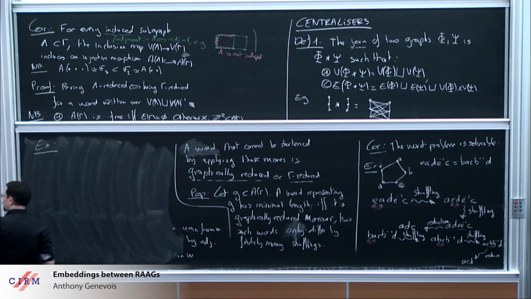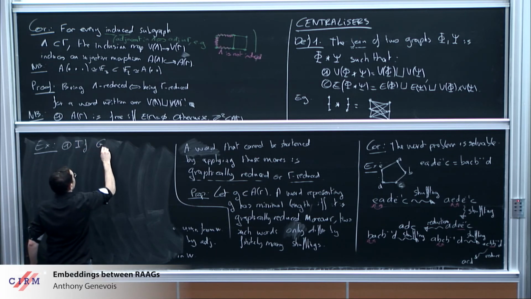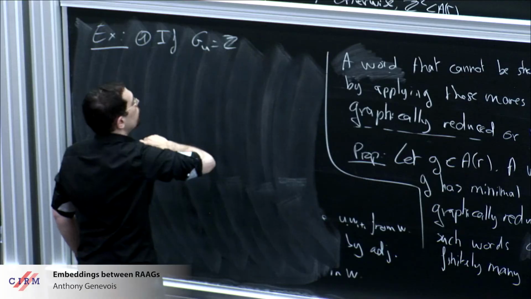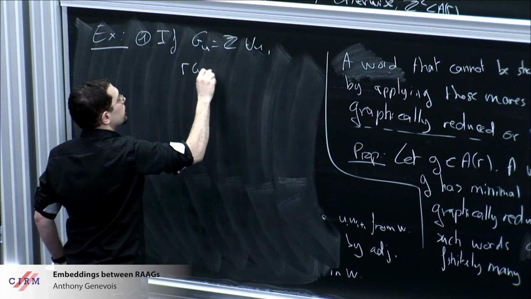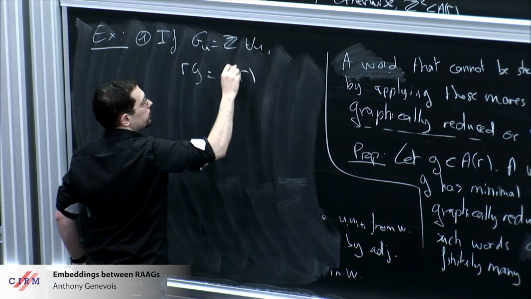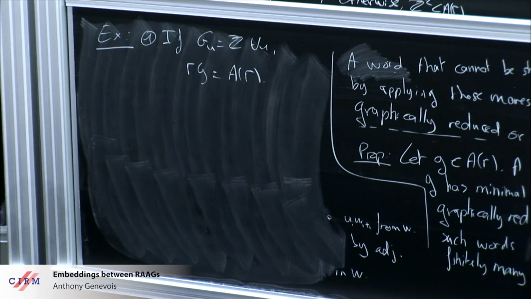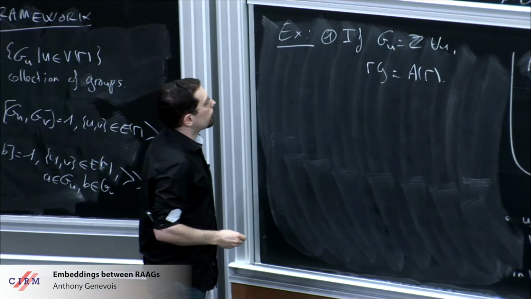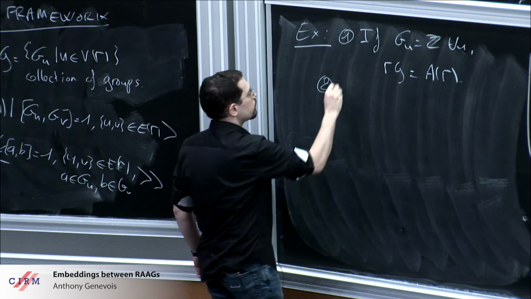So of course we recover right-angle Artin groups. If GU is infinite cyclic for every U, then the graph product is actually the right-angle Artin group, right? Just by definition. But we can also find some other classical examples.